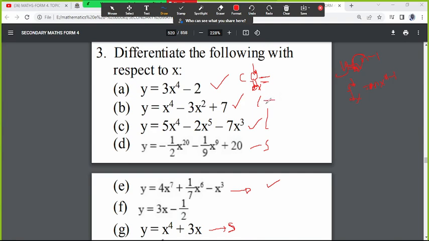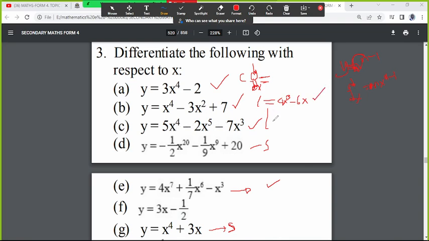Christine is not talking. We were at Lois. Next was Lois. Dy dx is equal to 4x cubed minus 6x. That's all, right? Good.